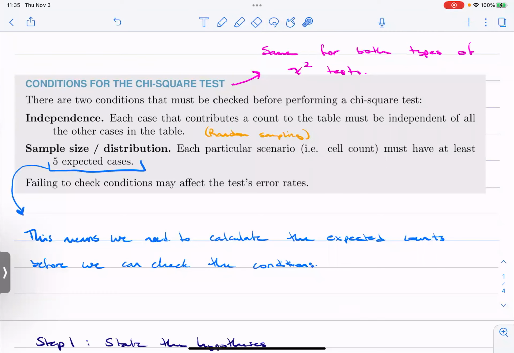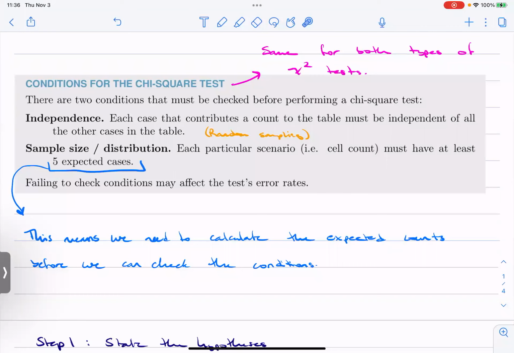So if we think about, we talked about how people vote and how they feel about global warming, for example, that was a two-way table, which we could do a chi-squared test of independence for. Is how people vote independent of how they feel about global warming, or vice versa? Whereas the independence condition here is talking about the people that you're getting opinions from. How do you vote? How do you feel about global warming?